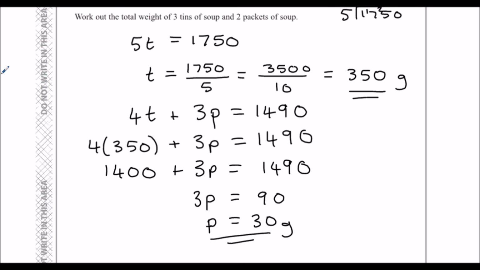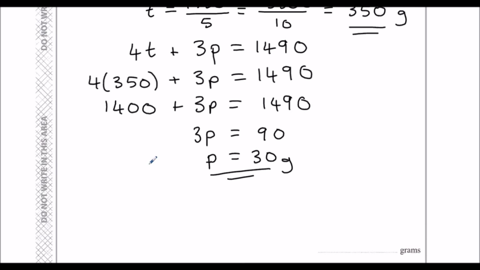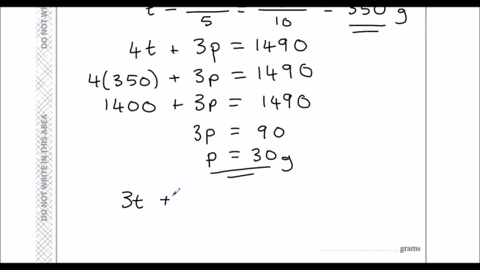We're not done. We're almost done. We needed to work out 3 tins of soup and 2 packets of soup. So 3 tins and, what was it, 2 packets. So 3 tins, 3 350s plus 2 30s is going to be our answer.